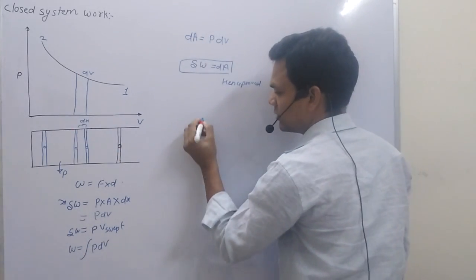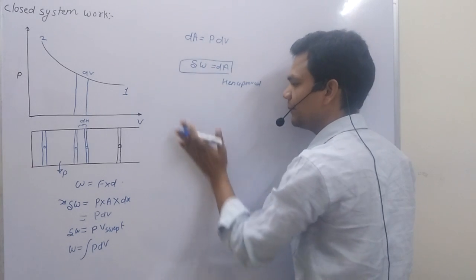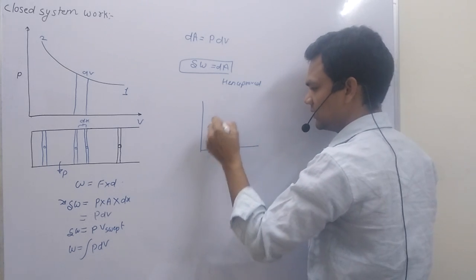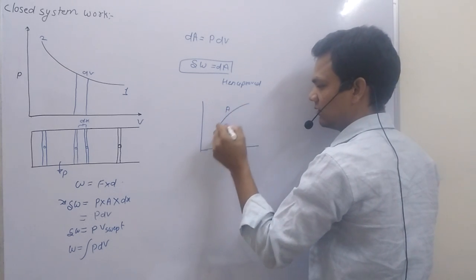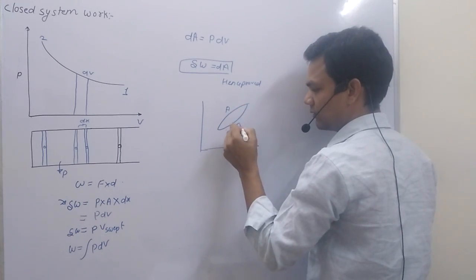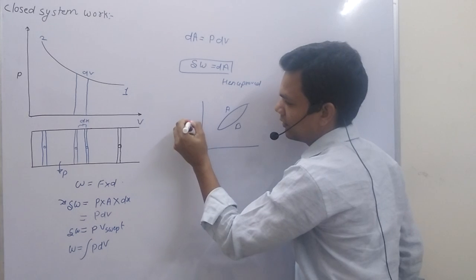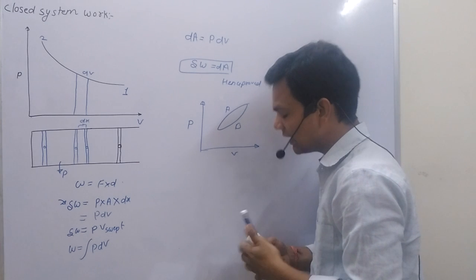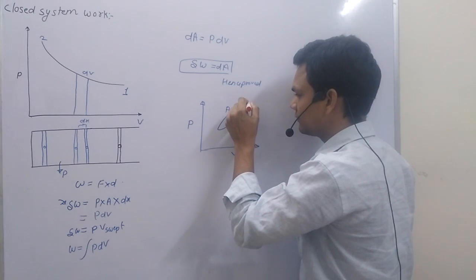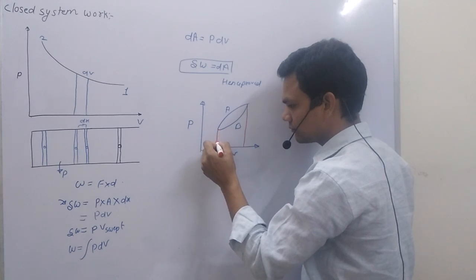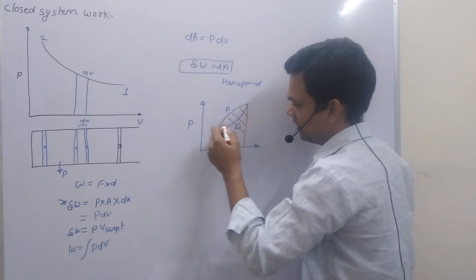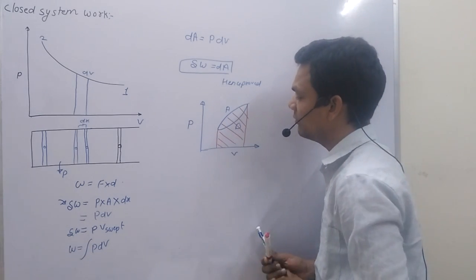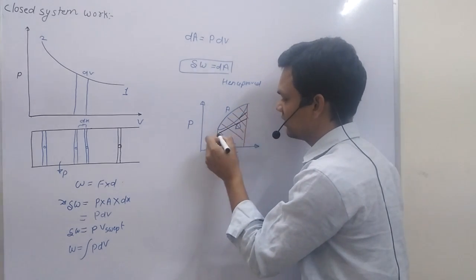If we take another case, suppose this is curve A and this is curve B. Because the areas under both curves are not equal, the area under curve A is this, and the area under curve B is this.